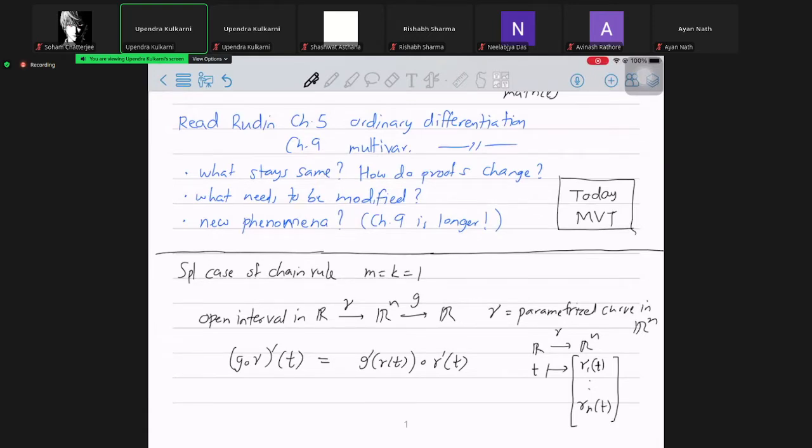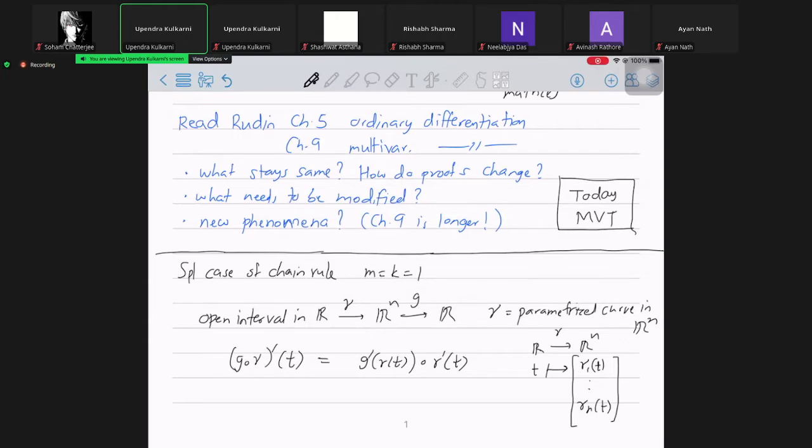So the chain rule is giving me those two things, and it's a composition of functions. But when I think of those as matrices, it's just matrix multiplication, right? What is the matrix of gamma prime? It's a column vector. Remember, this is a function from R1 to Rn. So its derivative matrix is going to be an n by 1 matrix.